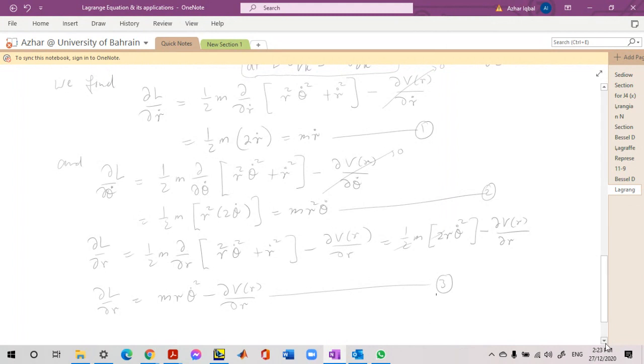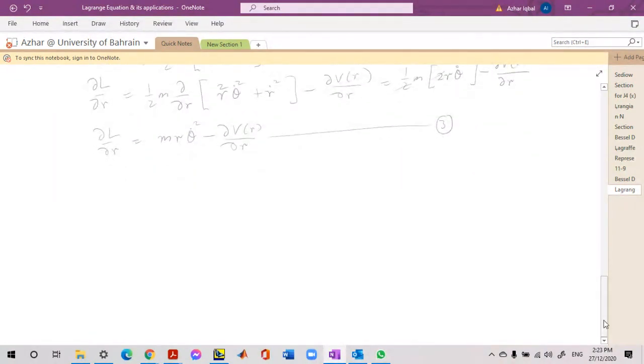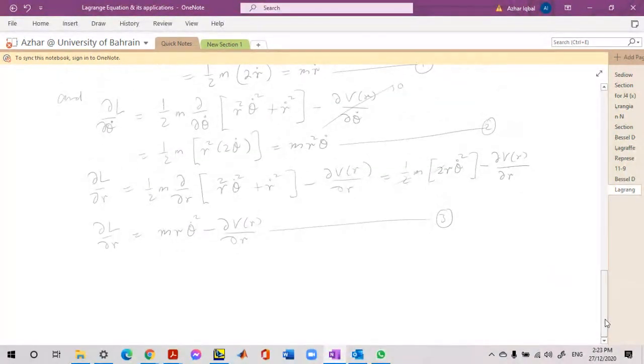So the one more remaining term is partial L over partial theta. Partial L over partial theta is given by partial over partial theta of 1/2 m (r² θ̇² + ṙ²) minus partial V(r) over partial theta, which goes to 0.